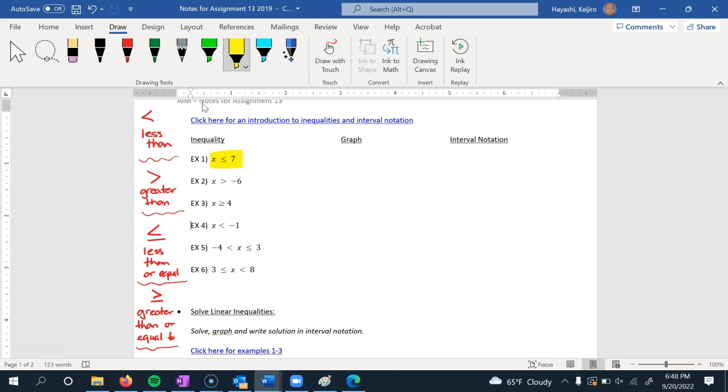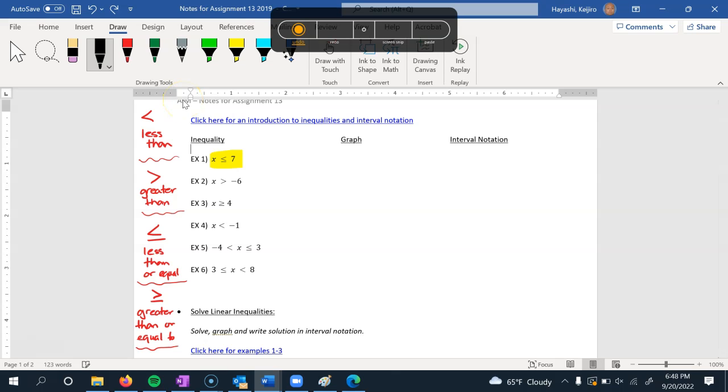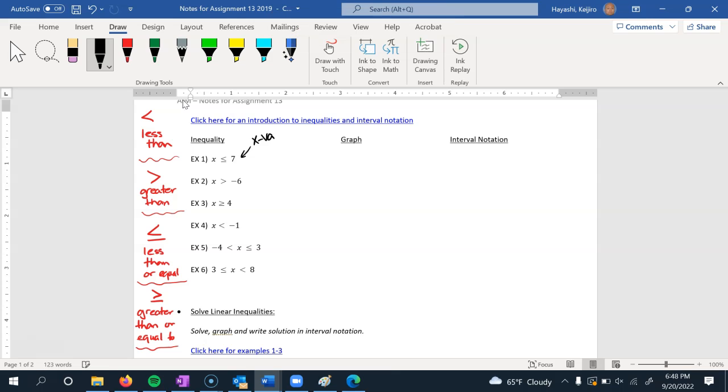7 is less than or equal to 7 because it is exactly equal to 7. Okay, so let's see. So I guess x values at work. Seven. Okay. Are there any other numbers you can think of?